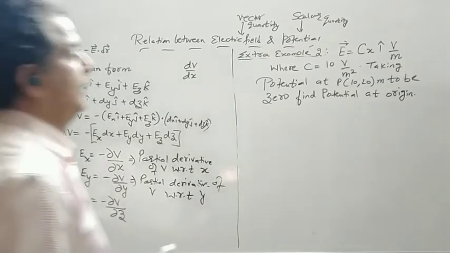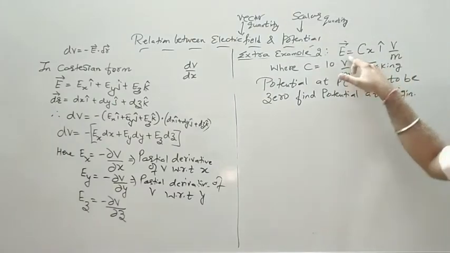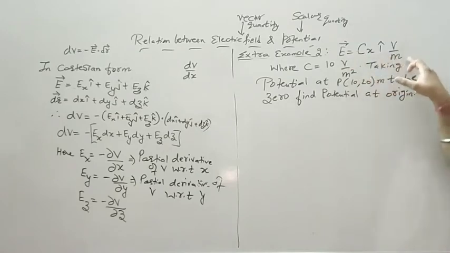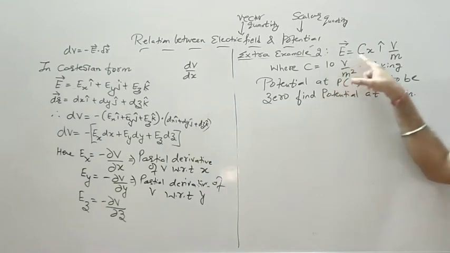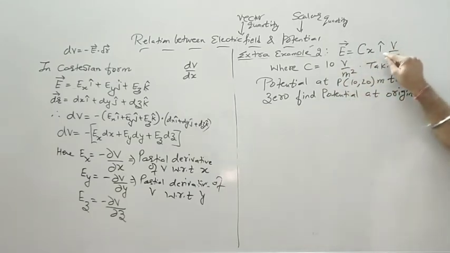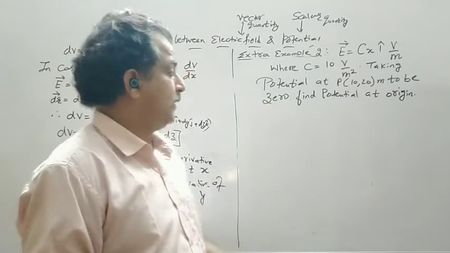Now let us see another example where the electric field intensity is given as Cx i volt per meter, where C is some constant, value is 10 volt per meter square, x is the coordinate. Clearly i cap is given, means the electric field intensity is along the x-axis.